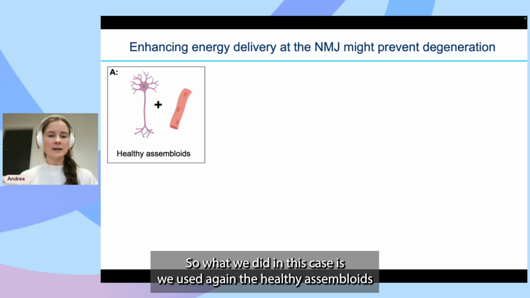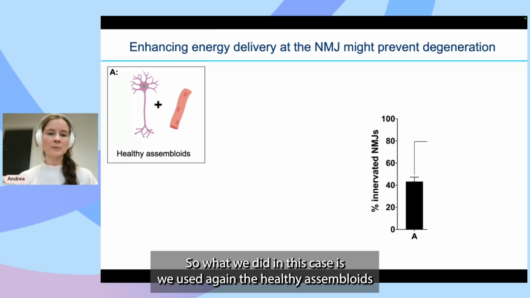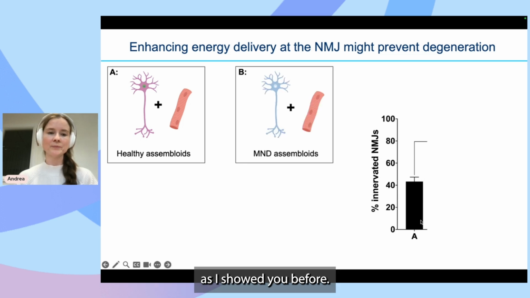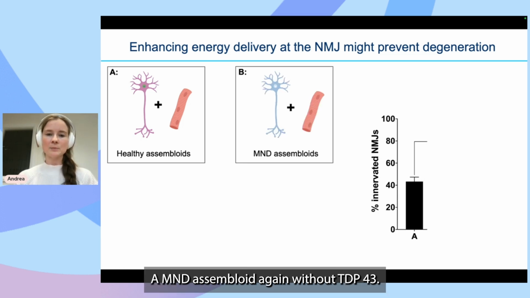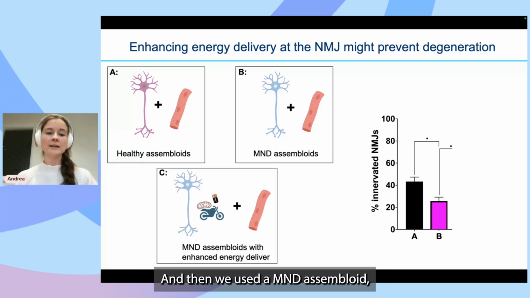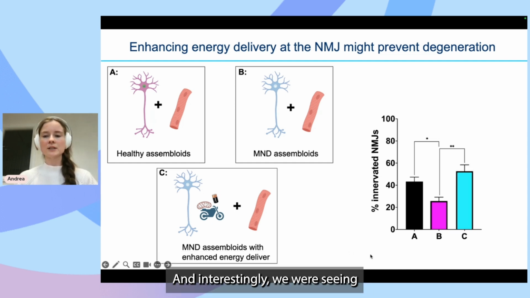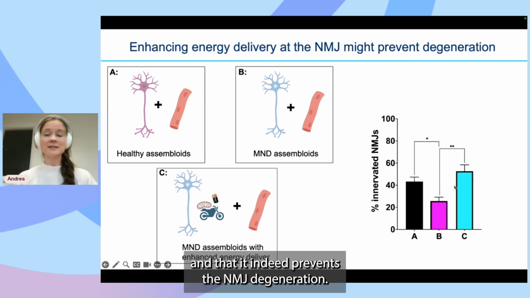So what we did in this case is we used, again, the healthy assembloids, which had around 40–50% of NMJs, as I've shown you before, an MND assembloid, again without TDP43, and then we used an MND assembloid, but in this case, we improved the energy delivery to be enhanced. And interestingly, we were seeing that it indeed prevents the NMJ degeneration.